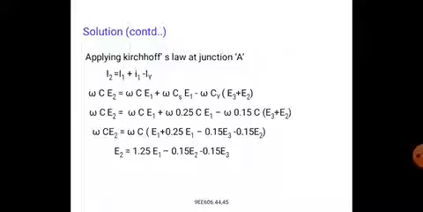The ωC gets cancelled. So E2 is equal to E1 plus 0.25 E1 minus 0.15 E3 minus 0.15 E2, that is E2 equal to 1.25 E1 minus 0.15 E2 minus 0.15 E3.